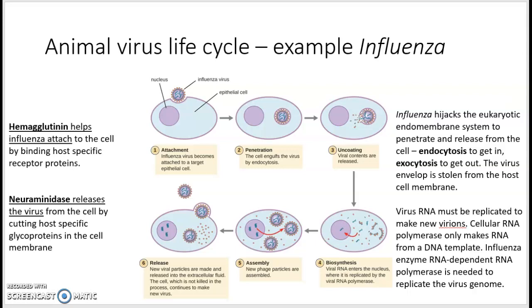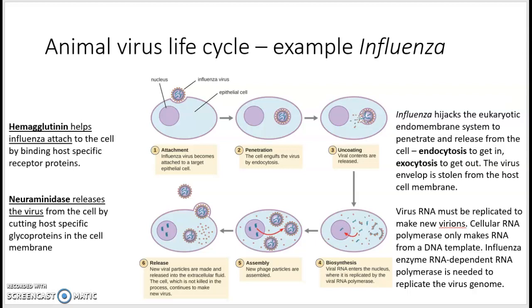Once the virus is attached to the outside of the cell, then the virus induces the cell to phagocytize the virus, and bring it into the cell. So the virus tricks the host cell into undergoing this normal cell process, phagocytizing the virus, in order to get inside. Once it's inside, that endocytic vesicle that the virus has been brought into bursts, and the virus is uncoated, releasing all those contents into the cell.